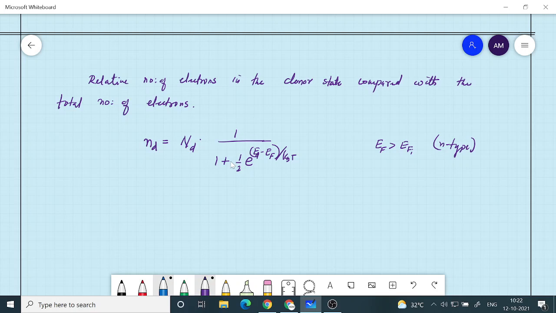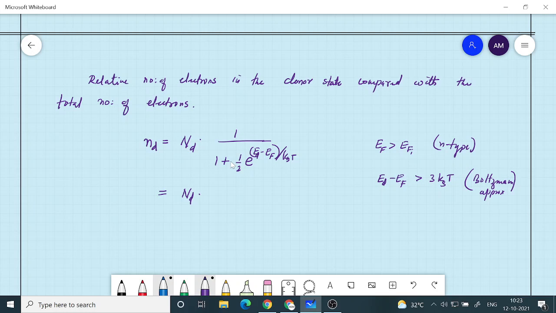Now there are some electrons in the conduction band as well. I can again do the Boltzmann approximation and neglect the 1 with respect to the second term. Why? Because I will assume that Ed minus Ef is greater than 3 kBT. Then I can do the Boltzmann approximation.